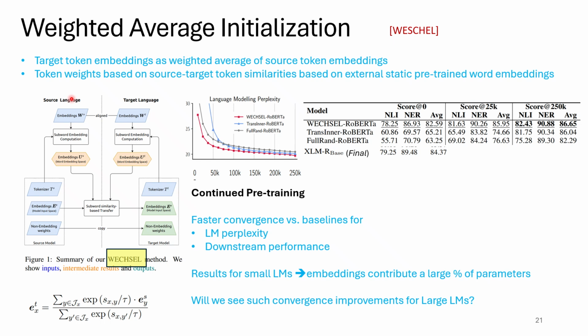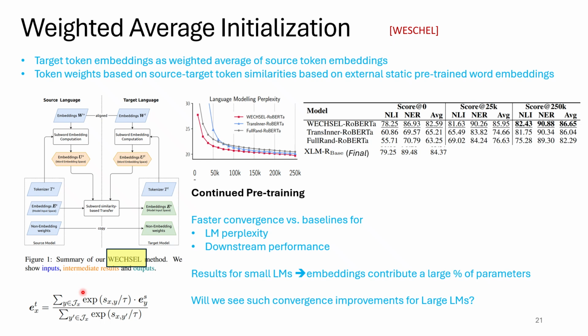Typically, these are based on some external static pre-trained word embeddings. So for example, this method called Wechsel, if you see the equation here, the new embeddings are represented as weighted averages of existing word embeddings. And these weights are these numbers SXY, which represent similarity between the new token and the older token.